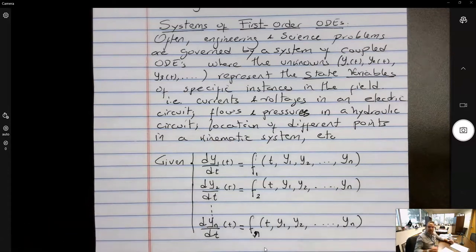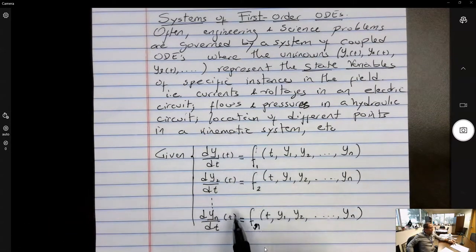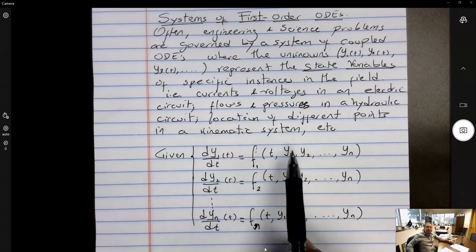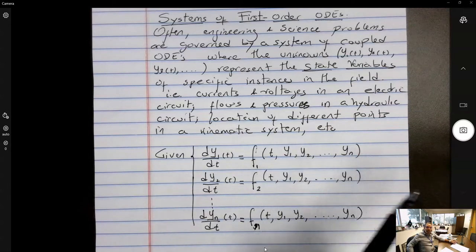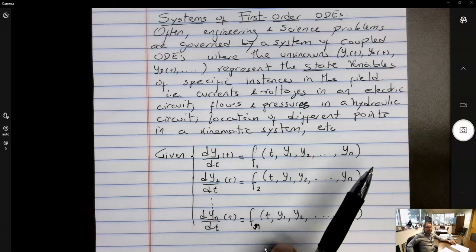So as you can see, there's as many unknowns as you have equations. There's n equations for the n unknowns y1 through yn. Again, y1 through yn are n different functions of time.